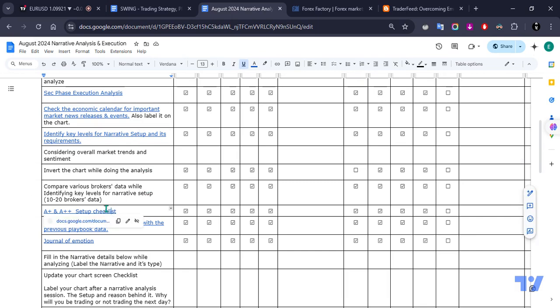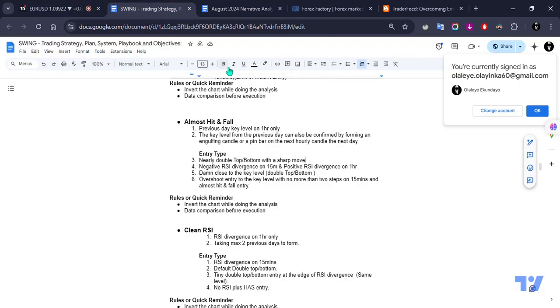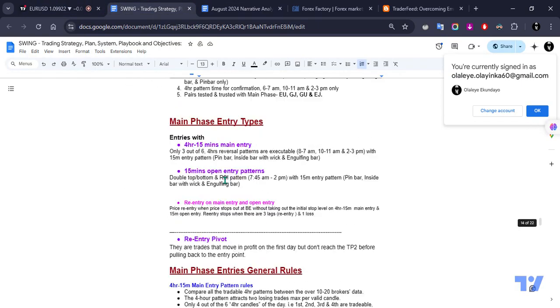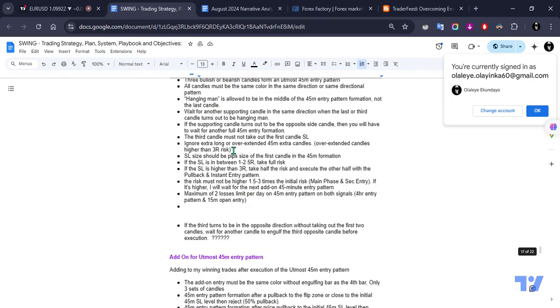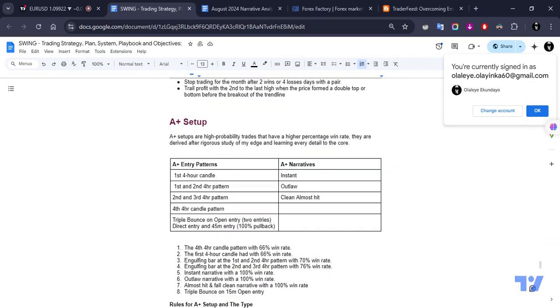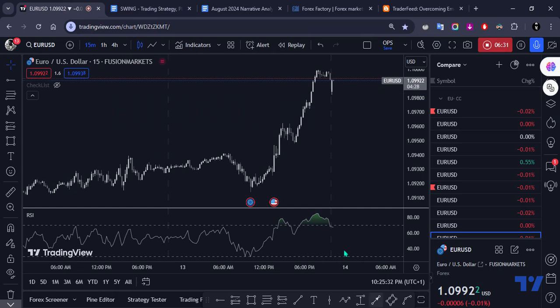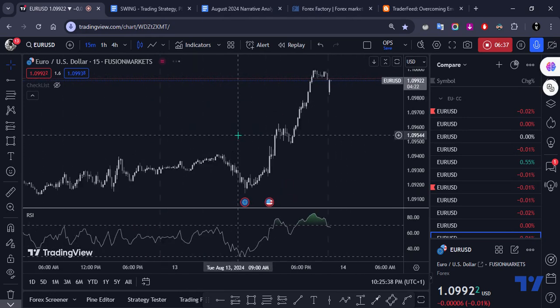Is there any A plus setup there? Let's check our data for A plus setup. Okay, instant, outlaw, and clean almost it. This is tiny, no instant, no outlaw here. It's been long since I encountered instant.